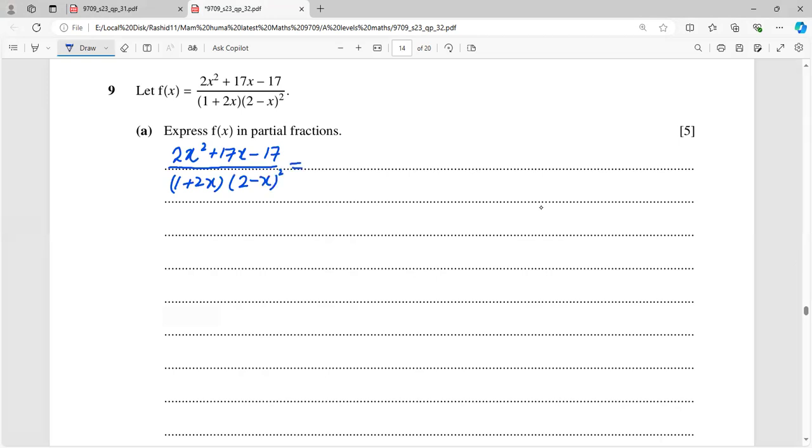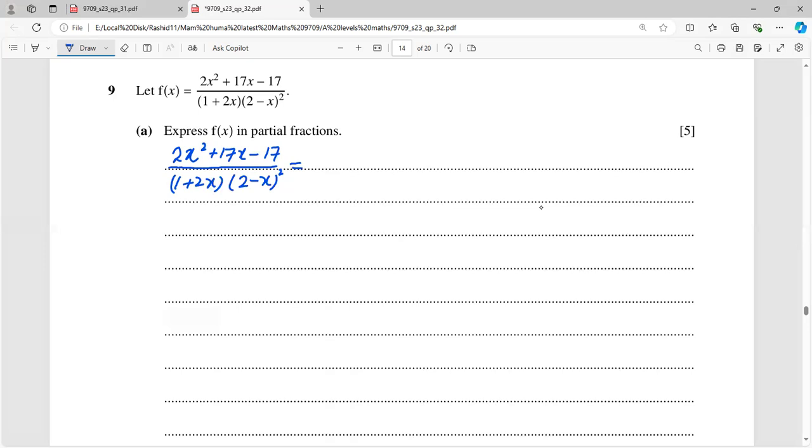As in the second type, why we are using the word second type? So you have to write over here 2x squared plus 17x minus 17 divided by 1 plus 2x into 2 minus x whole square.